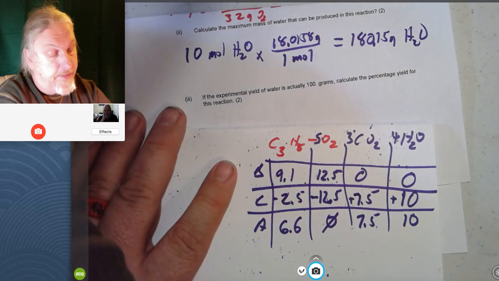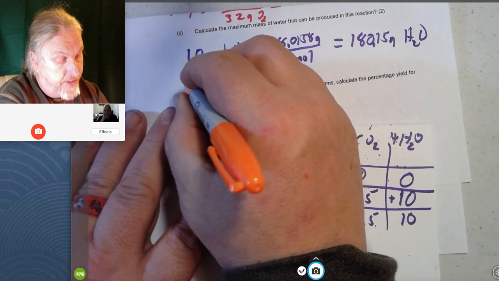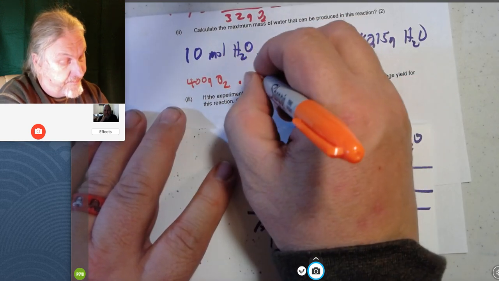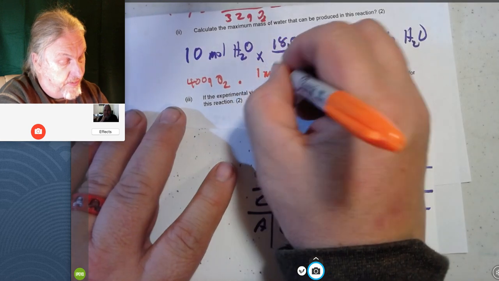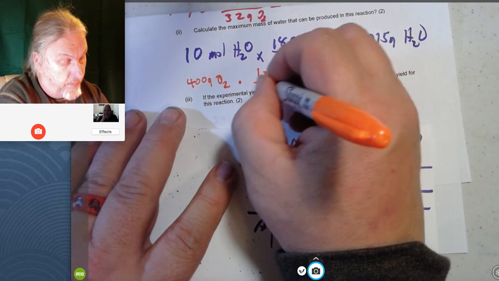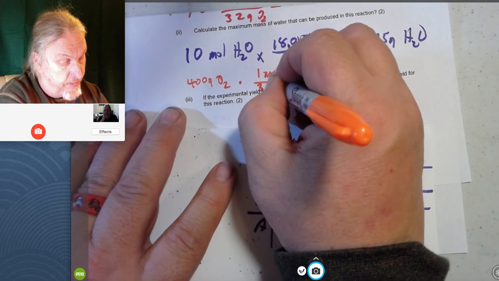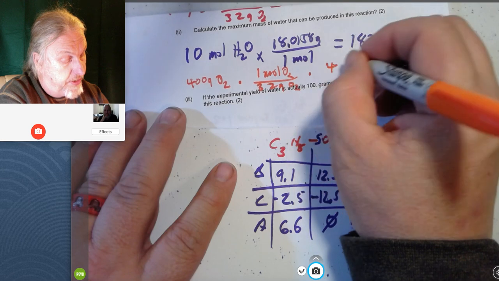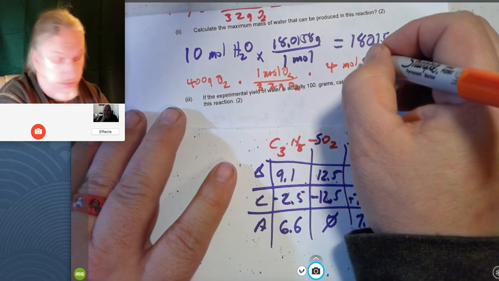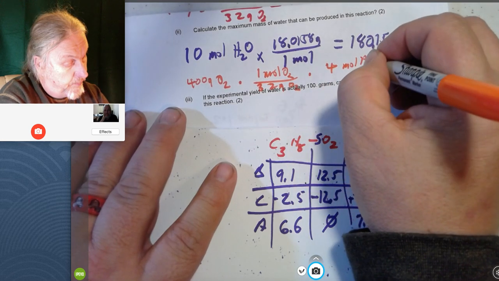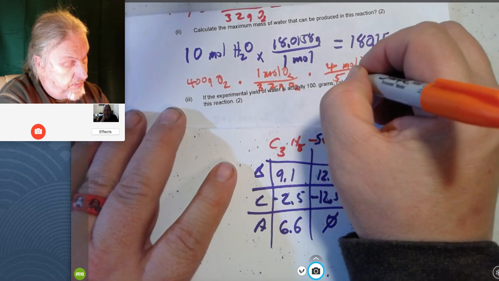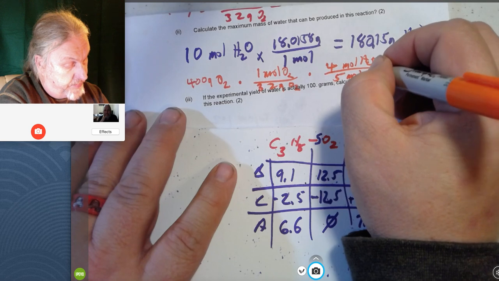Now I'm going to do this by dimensional analysis. Again we know that oxygen is limiting, so I've got 400 grams of O2. I've got to convert that into moles, always 32 grams of oxygen per mole. That's the molar mass. Now I'm going to use my mole ratio: 4 moles water for 5 moles O2.